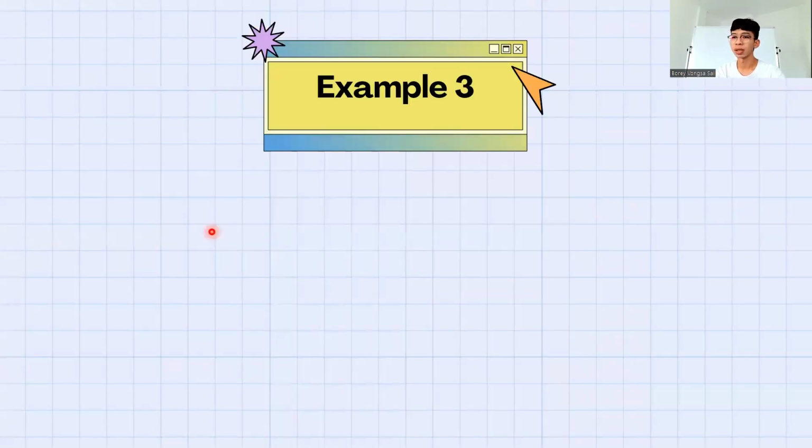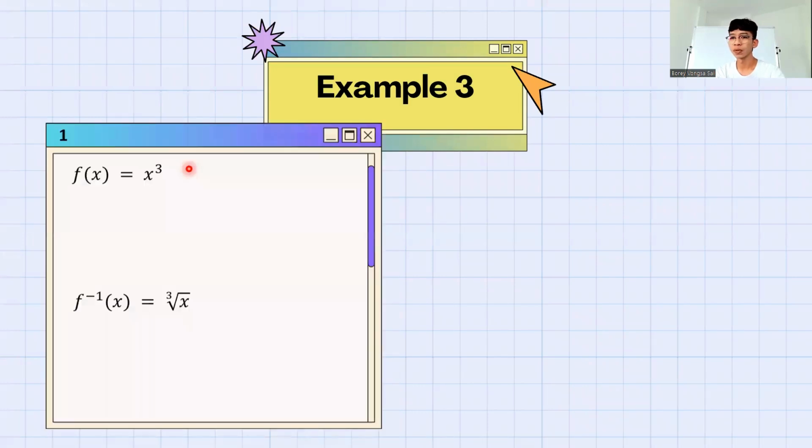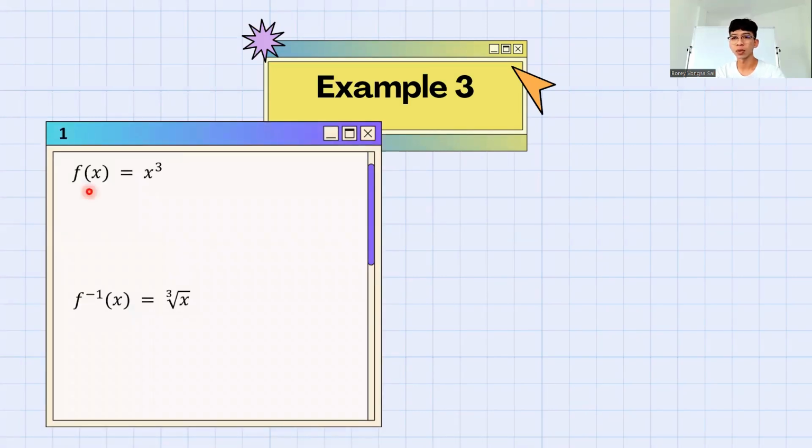Now let's take a look at another example. We have two functions, f(h) equal to h cubed and the inverse function of f(h) equal to the cube root of h. Here the domain of f(h) is 1, 2, 3, and the range here.